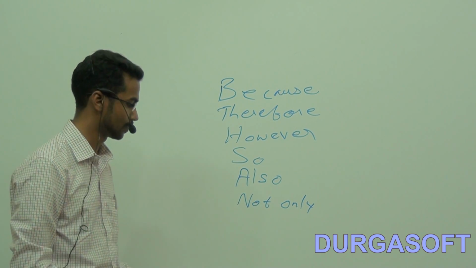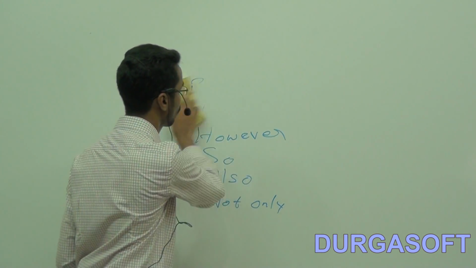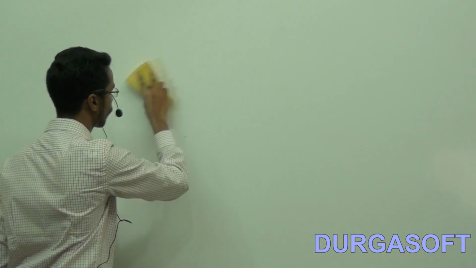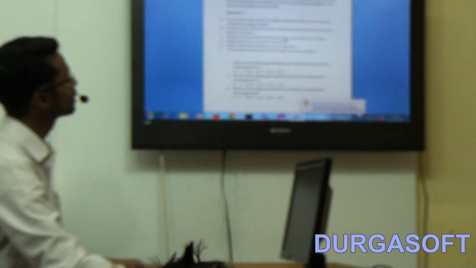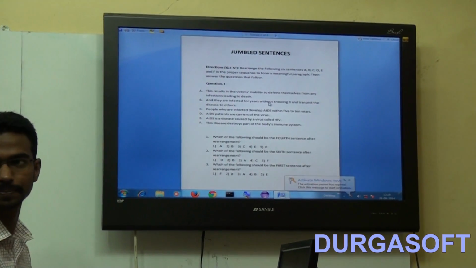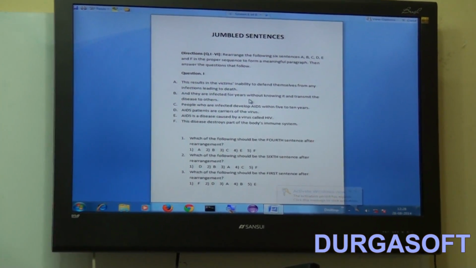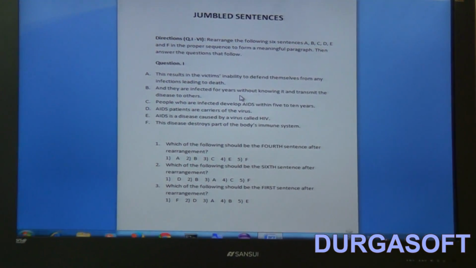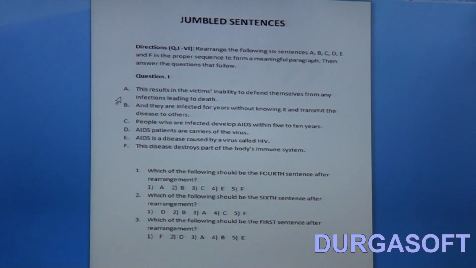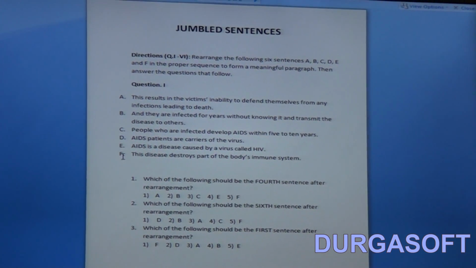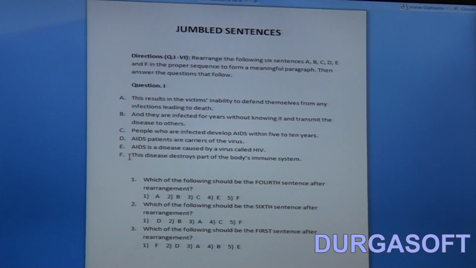Okay. So we'll start. So take a look at the first question. Okay? Please go through your handouts. You will find that there are how many sentences? 6 sentences. 6 sentences jumbled up.